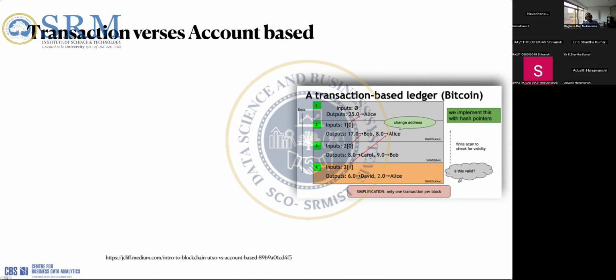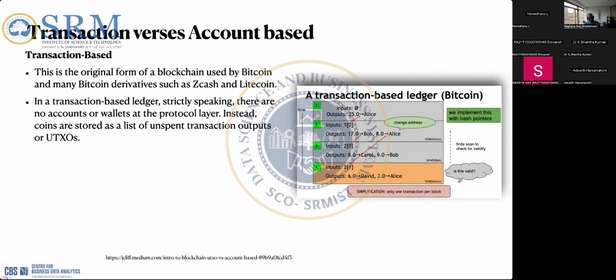Remember when we were discussing cryptocurrencies, I was saying that they use a transaction-based ledger, in the form of transactions and immutable coins. We argued that the transaction-based ledger is quite convenient because it is easy to verify.